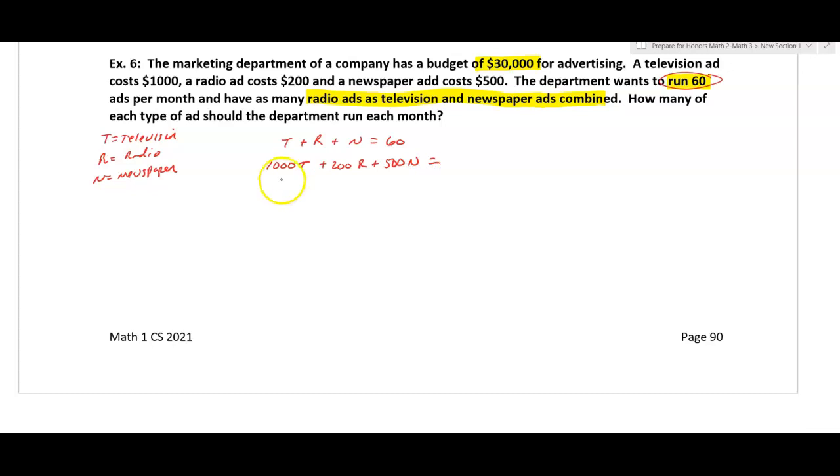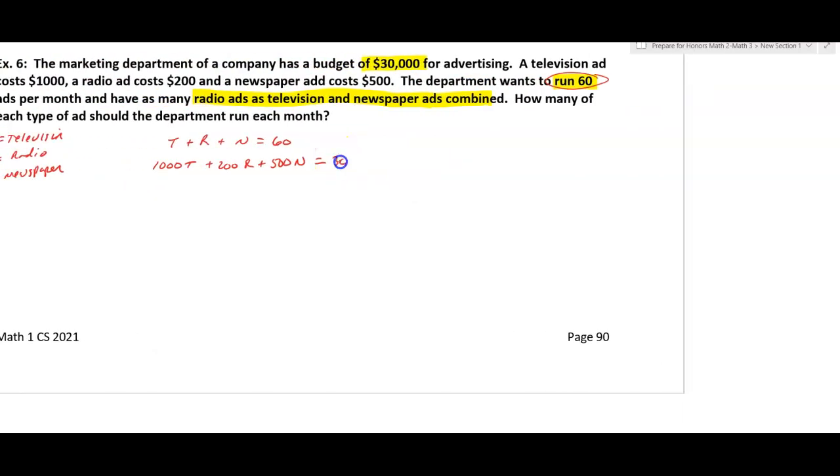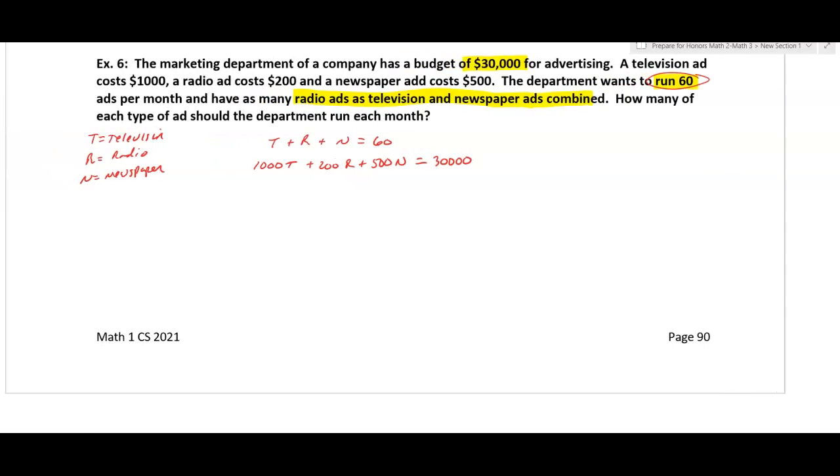When I take the cost of the television, the cost of the radio, and the cost of the newspaper, that all has to add up to $30,000. Now last, they tell us the radio has to be equal to the television and newspaper combined. So we know the radio has to equal the television plus the newspaper combined.